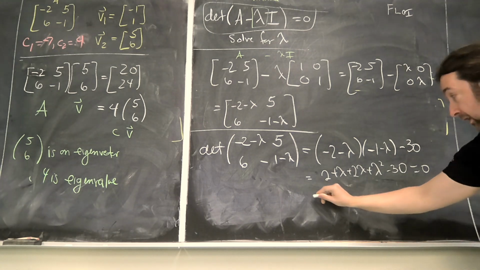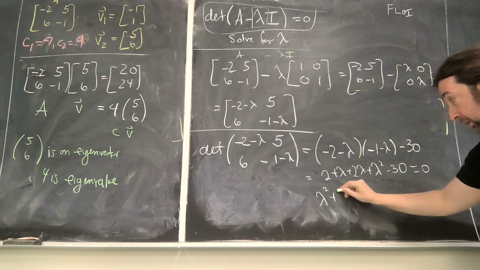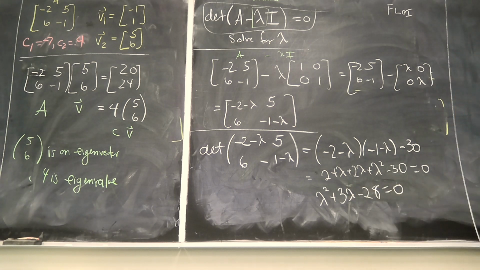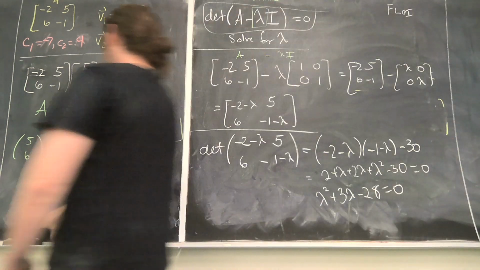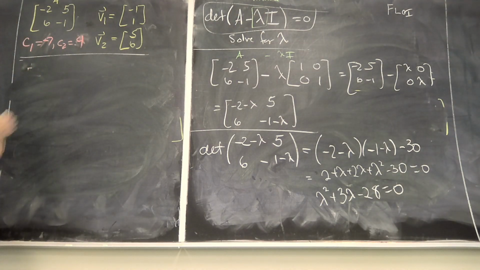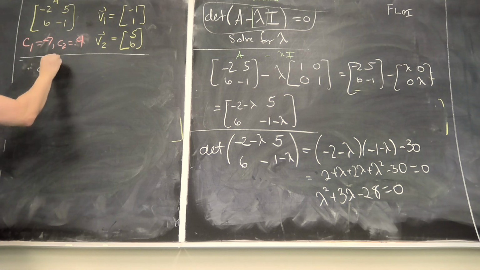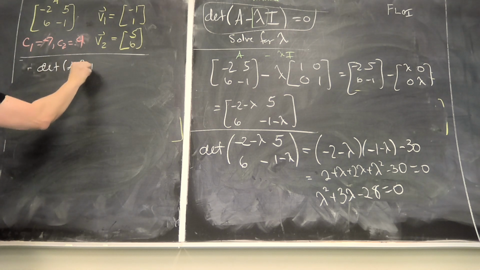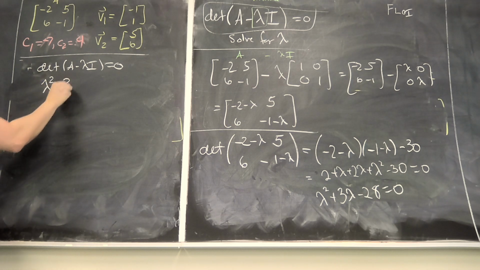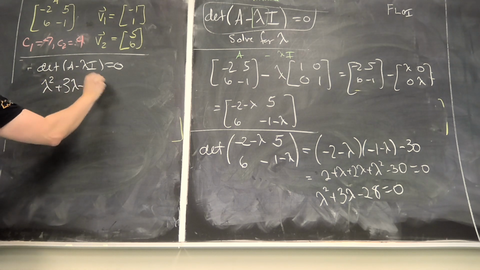That's going to tell us that lambda squared plus 3 lambda minus 28 is equal to 0. So right now we've got that the determinant of A minus lambda I is equal to 0 has turned into the equation lambda squared plus 3 lambda minus 28 is equal to 0.